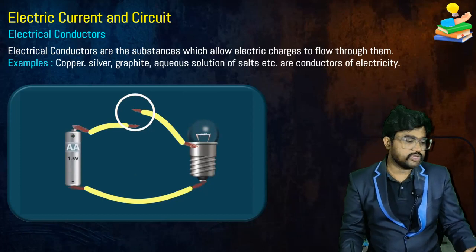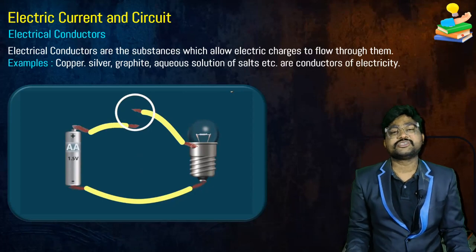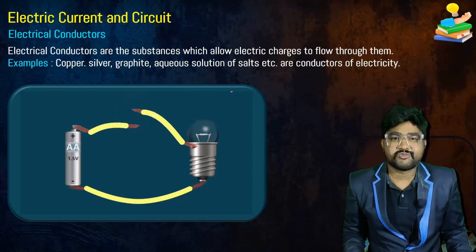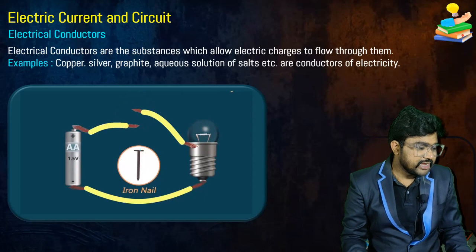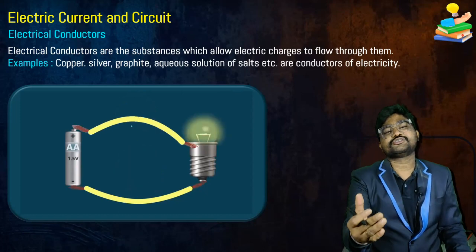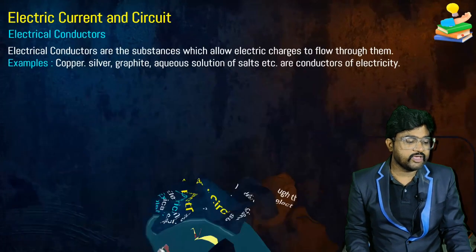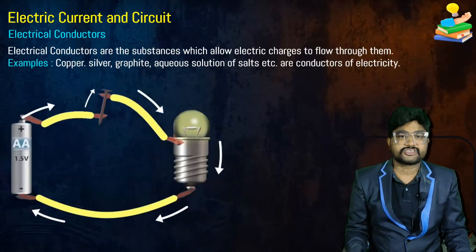Air is not allowing the charges to flow. That is why air is a bad conductor of electricity. You connected the nail here, then this iron nail allows the charges to flow. That is why you are observing the glow in the bulb.